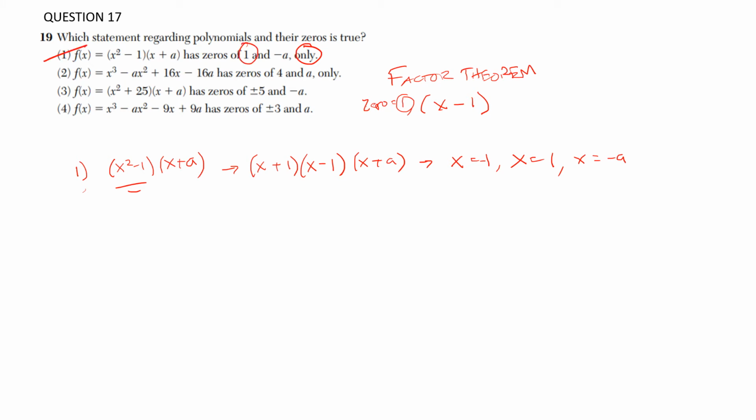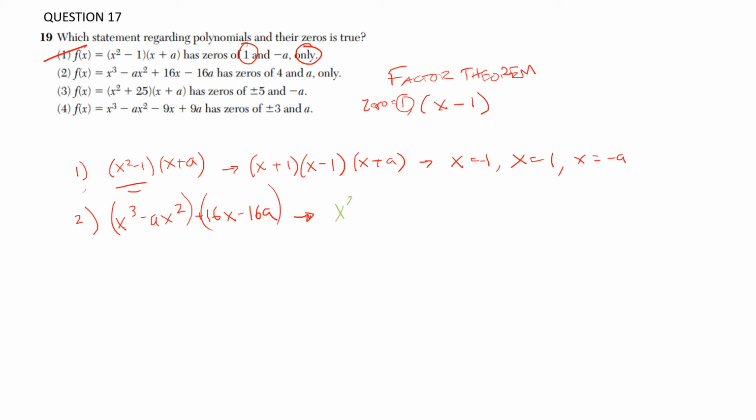Okay. Now, in the same way, if we do choice number 2, we have x cubed minus ax squared plus 16x minus 16a. So we can actually factor this. It'll work out quite nicely, this cubic. We can group this and group this, and I'll rewrite this in green now.